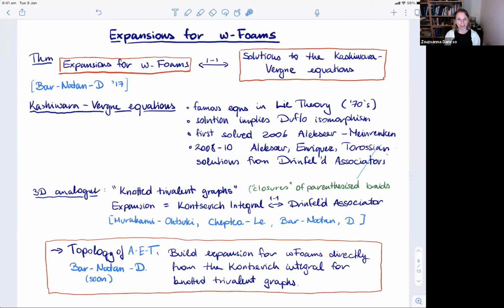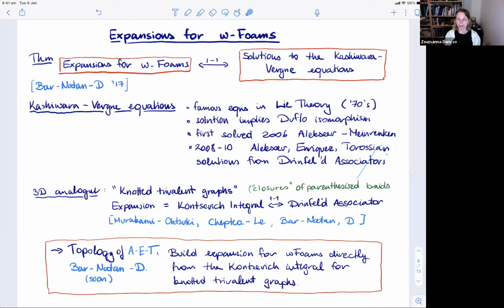So this was first solved in full generality by Alekseev and Meinrenken, and I think that proof used deformation quantization. But then Alekseev-Enriquez-Torossian and later also Enriquez in 2008-2010 came up with a completely algebraic way to solve these equations.